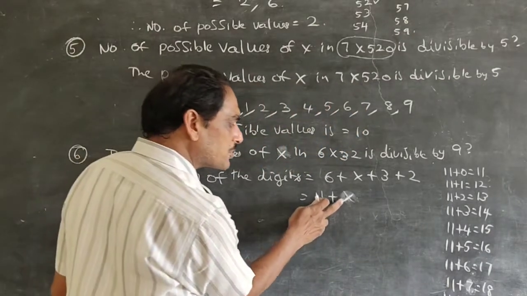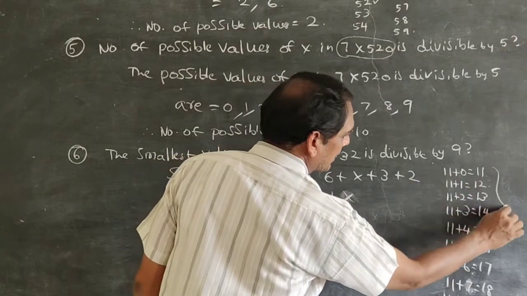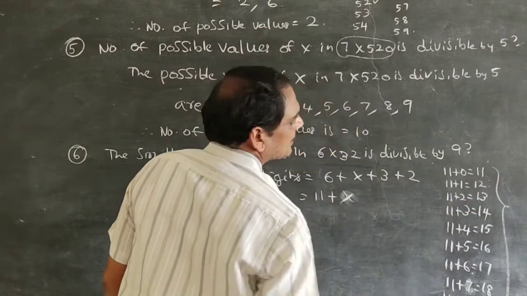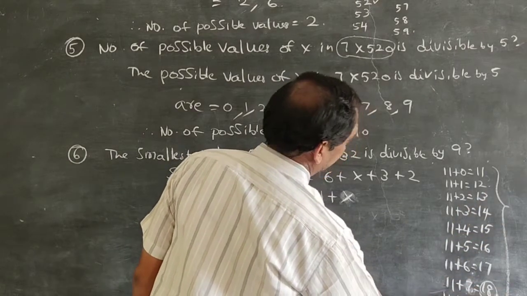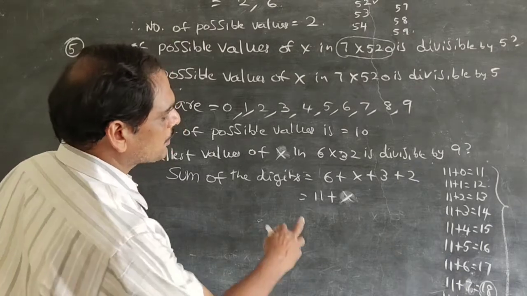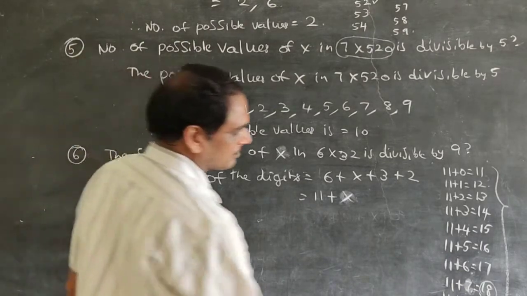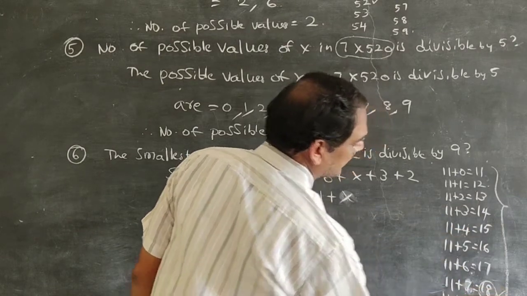Now when we substitute x equal to 0, 1, 2, 3, 4 and so on, we get these numbers. Of these, only 18 is the number which is divisible by 9. So these numbers are not divisible by 9 except 18.